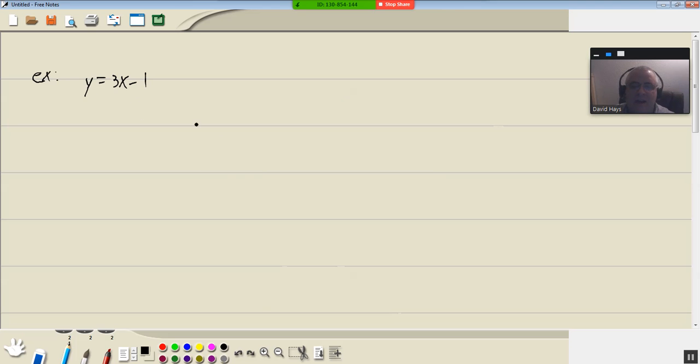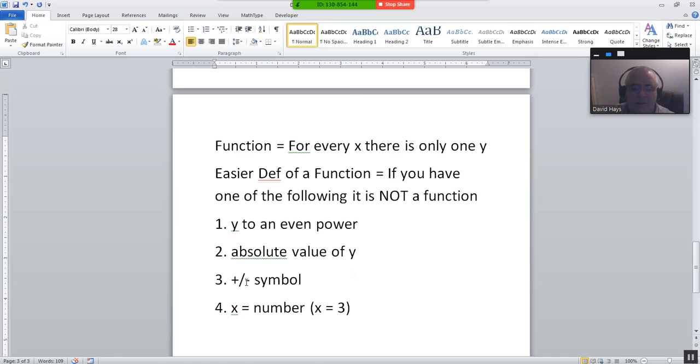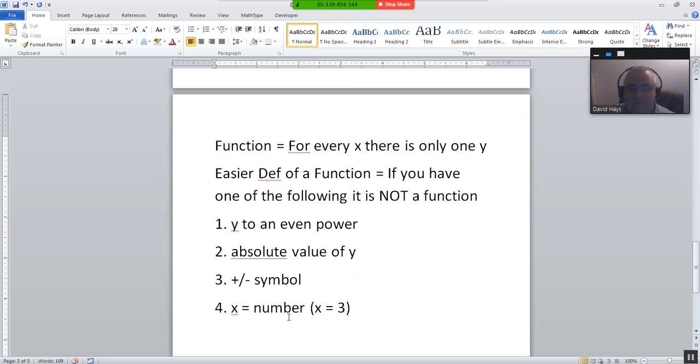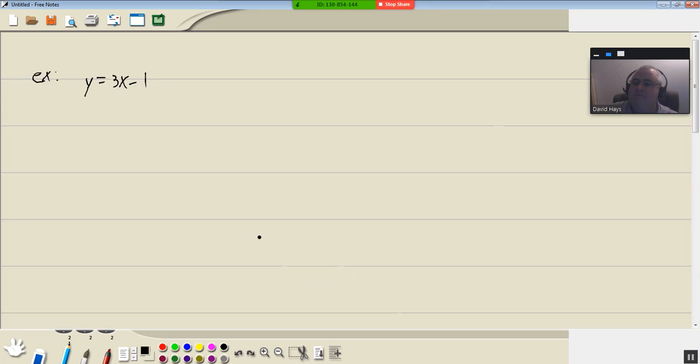We don't have an absolute value of y. We don't have a plus or minus symbol. And we don't have x is equal to a number, like x is equal to 3. Now, if we had x equals a number, that's all you would have, is x is equal to that number. You would not have any x squareds, you wouldn't have any y's, and so forth. So this one, the answer would be yes, it is a function.